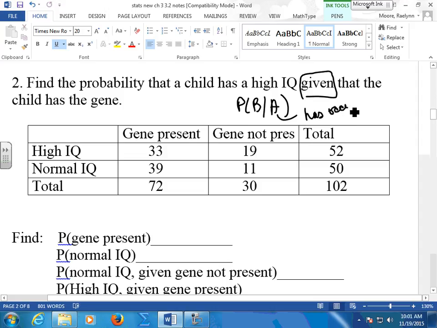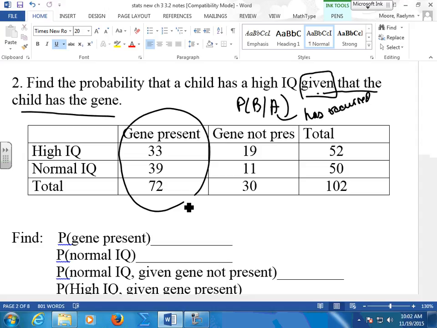So we have to make A occur. So we take what's following this, and we say, we did one of these, so let's do the second one. The child has the gene. That's the part we're looking at. If you circle it, when you look for your totals, don't look outside that circle. Look right within that circle.